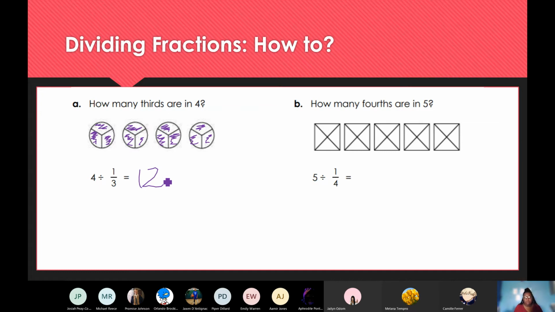Okay? But it won't always be this simple. We won't always be dealing with such small numbers as 4. Sometimes those numbers will be larger. So that's when following steps comes into play.